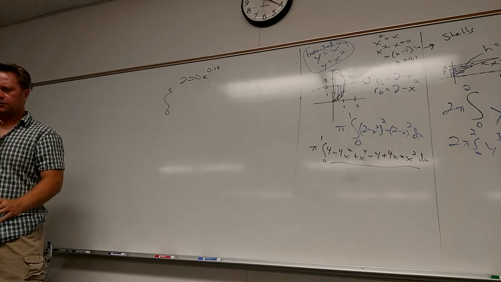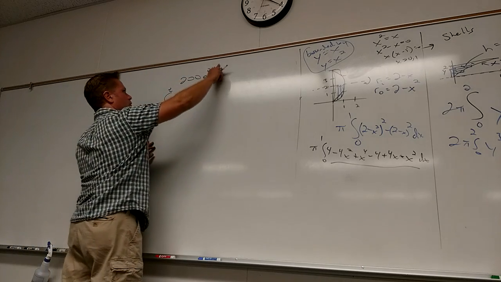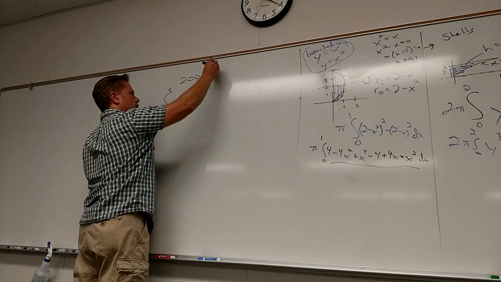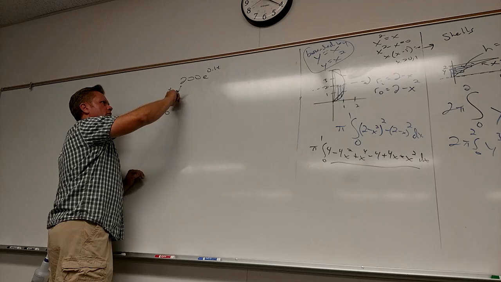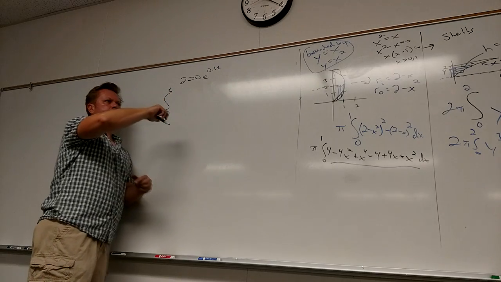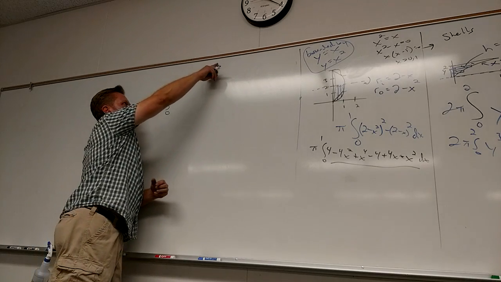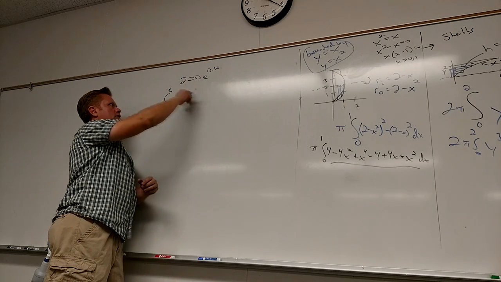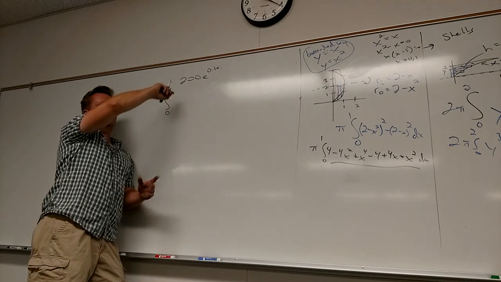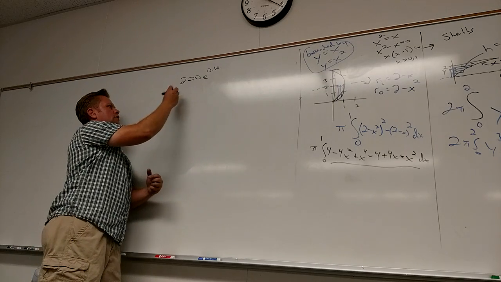I can't remember. Oh, this was 200e to the 0.1x, right? No, it's t? And I said t years or x years? T. Oh, I'm so evil. All right. So one of them's got to be x. You can't have the inner variable the same as your limit variable. I thought I was. I guess I wasn't.